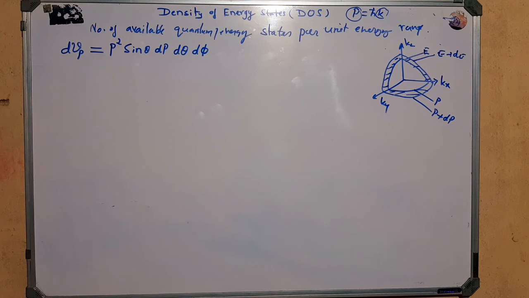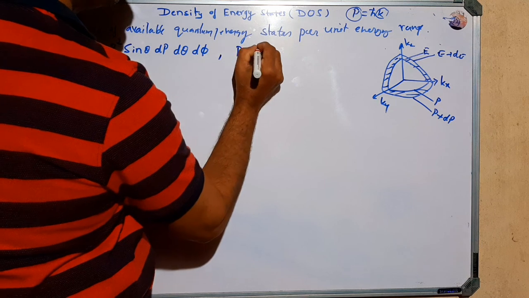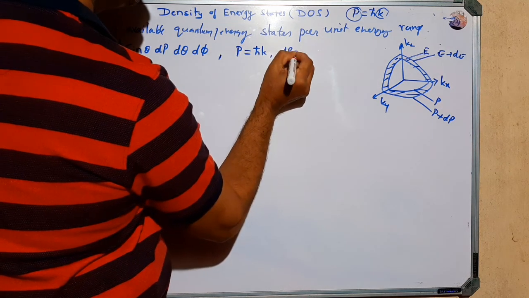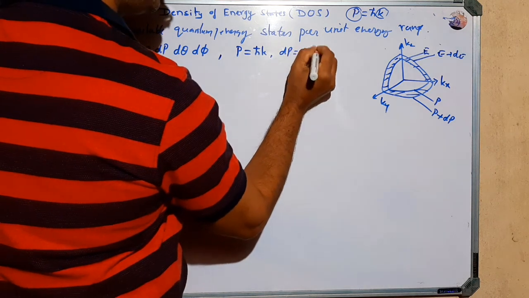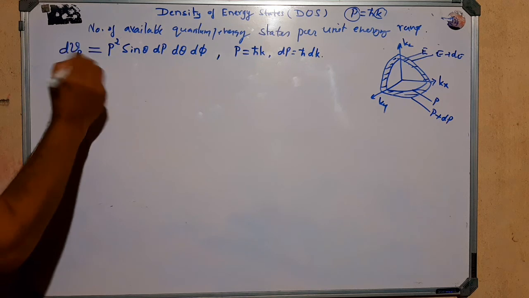But you know that momentum p is equal to h cross k, so dp is equal to h cross into dk. Now you can substitute here.